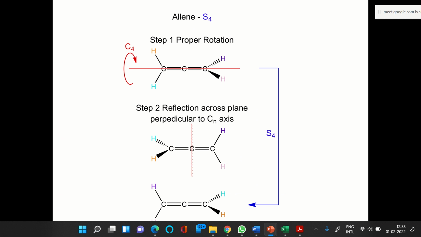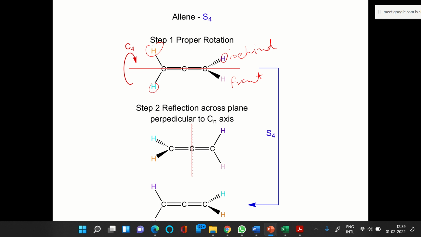Anyway, step 1, you perform C4. So you look at the allene. Allene will have this structure: two hydrogens in the plane of the screen, the other two hydrogens, one is behind the screen, and this is in front of the screen. So wedge type line and dash type line, this is how you draw.